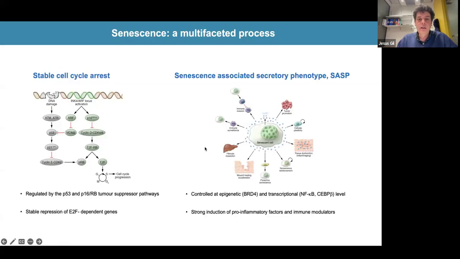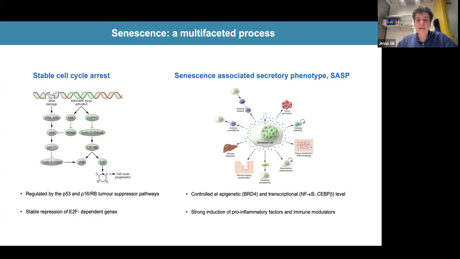On the other hand, one of the other parts of the senescence phenotype that is very relevant for many of the effects of senescent cells is the SASP. So this secretory phenotype is this combination of immunomodulatory inflammatory factors secreted by senescent cells.